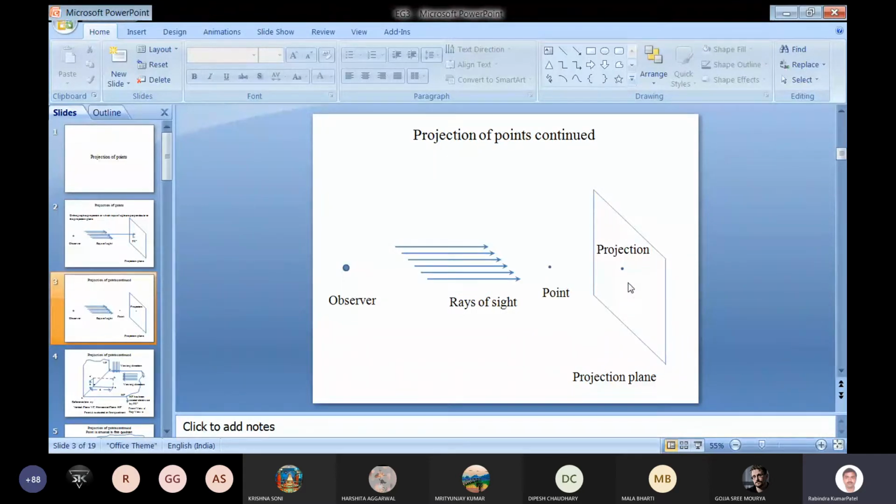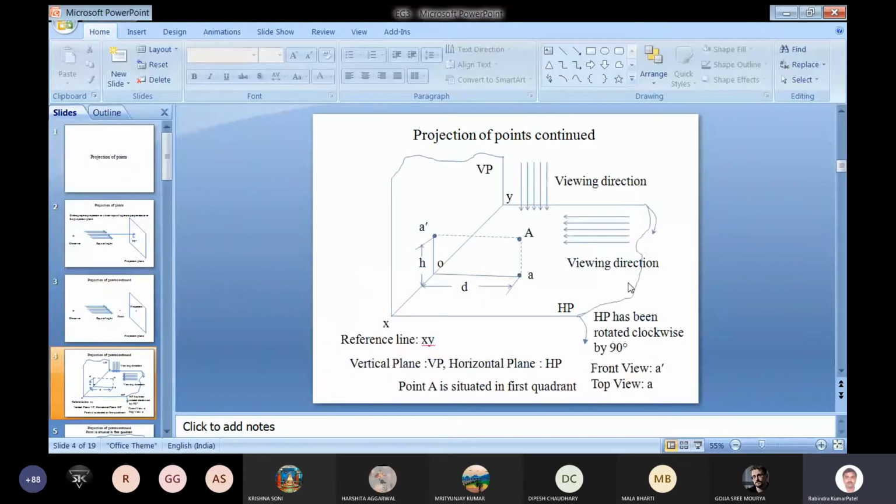After that we will see a point situated in the different quadrants. There is a point A situated in the first quadrant, and if we view it from the top, the ray of sight is here, and from the right side the ray of sight is here.